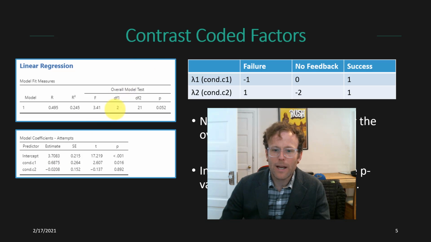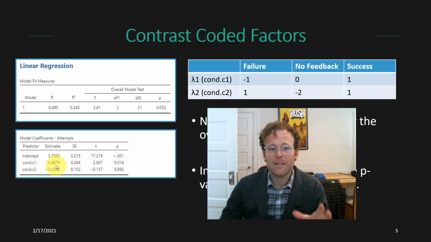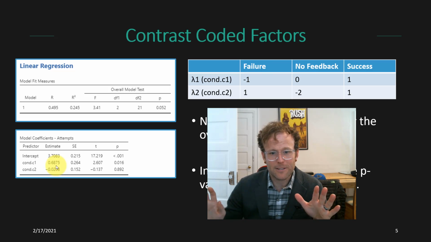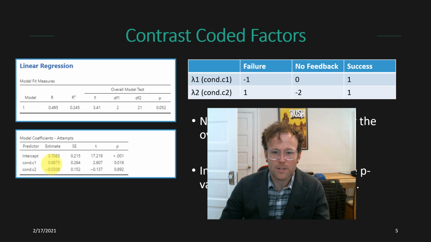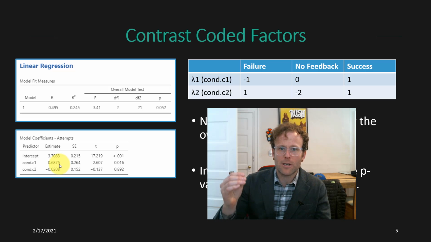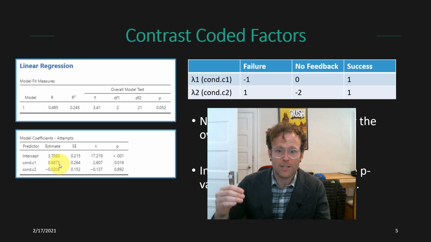Now, the trade-off in that is that then these individual interpretations of the slopes are a little bit trickier with contrast codes. So they make the interpretation of other variables easier, but they make our interpretation of the intercepts a little bit more difficult. Because, for instance, for con.c1, we get a slope of 0.6875. And remember that the slope is the predicted change in y for a 1 unit change in x.